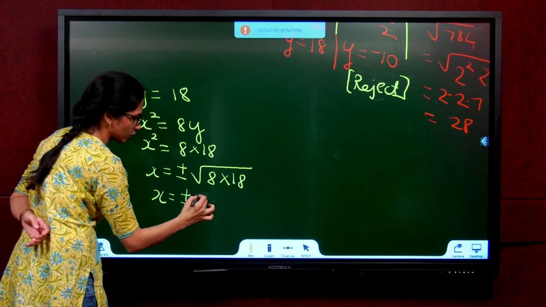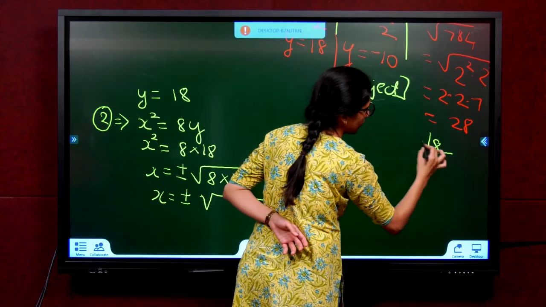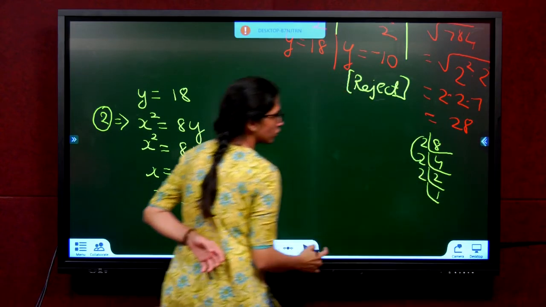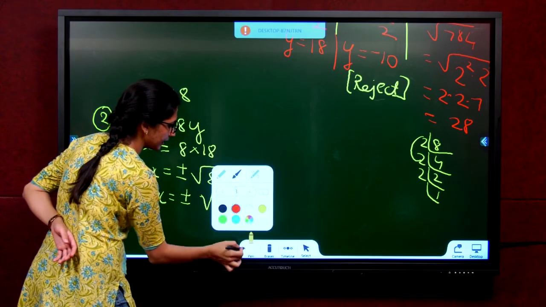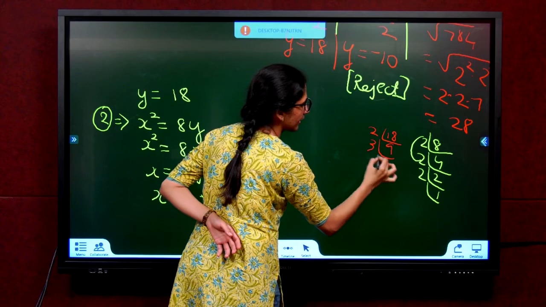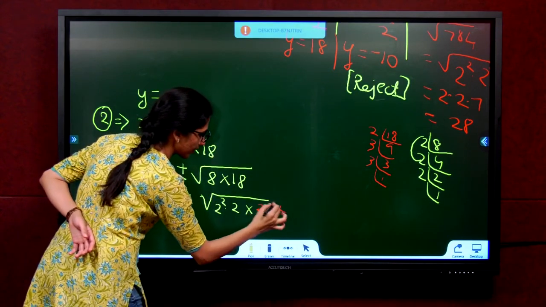Individually do prime factorization. 8 can be written as, what is 8? 2, 4, 2, 2, 2, 1. So 2 square into 2, into, what is 18? 2 9s are 3, 3, 3, 1. So I can write this as 2 into 3 square.